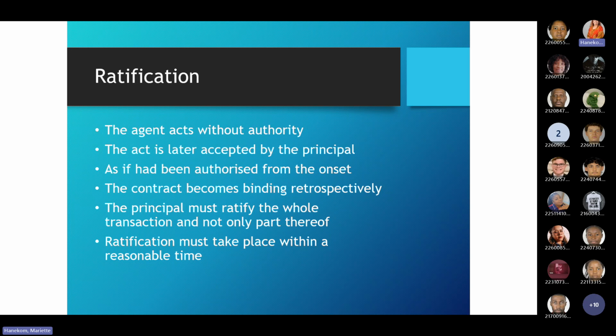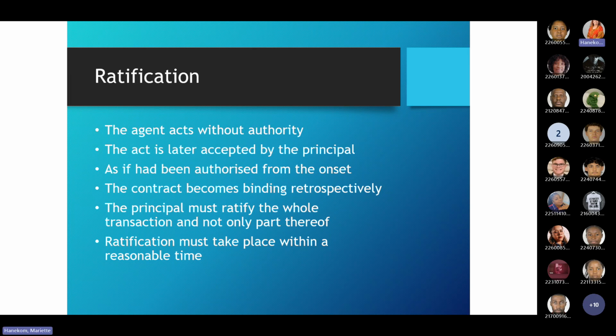He didn't have authority, so by law, I can tell him, no, I don't want it, and I'm not going to pay. But that particular day, I rather fancy eating a hamburger. And I say to him, okay, thank you, I'll take it. And the next day, I go and pay. So there was no authority when he entered into the contract. But by accepting the contract, I have ratified it and I become bound.